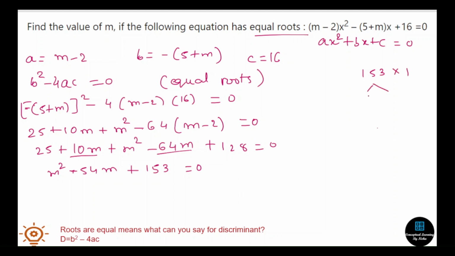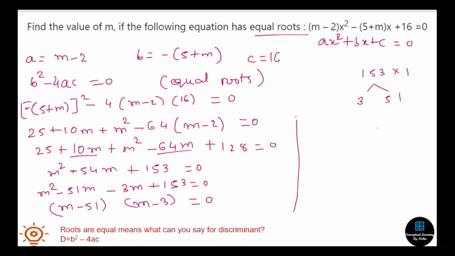So 153 into 1, the coefficient of m square is 1. Now I'll factorize this. So 3 into 51, and 51 plus 3 is 54. So I got my factors. I'll write this as m square minus 51m minus 3m plus 153 equals 0. So what do we get? m minus 51 and m minus 3 equals 0.